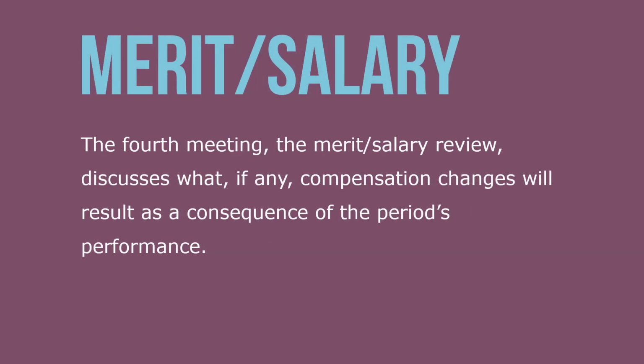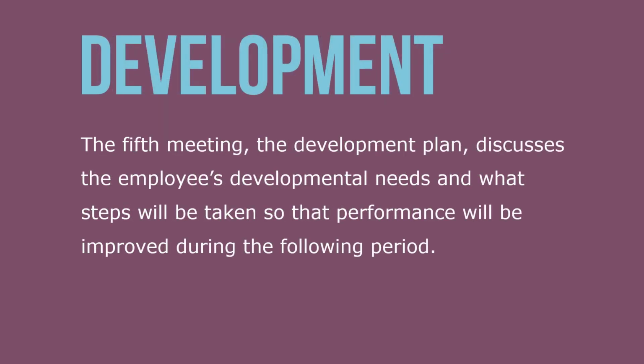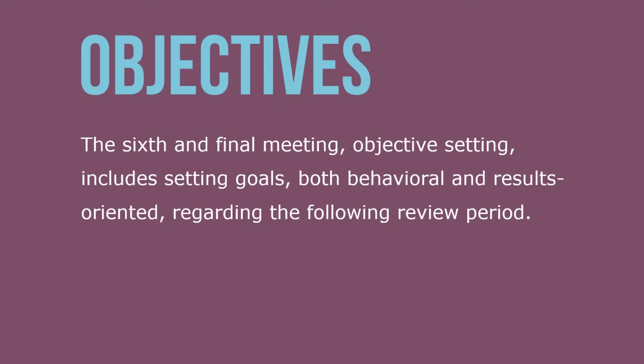The fourth meeting, the merit salary review, discusses what, if any, compensation changes will result as a consequence of the period's performance rating. The fifth meeting, the developmental plan, discusses the employee's developmental needs and what steps will be taken so that performance will be improved during the following period. The sixth and final meeting, objective setting, includes setting goals, both behavioral and results-oriented, regarding the following review period.